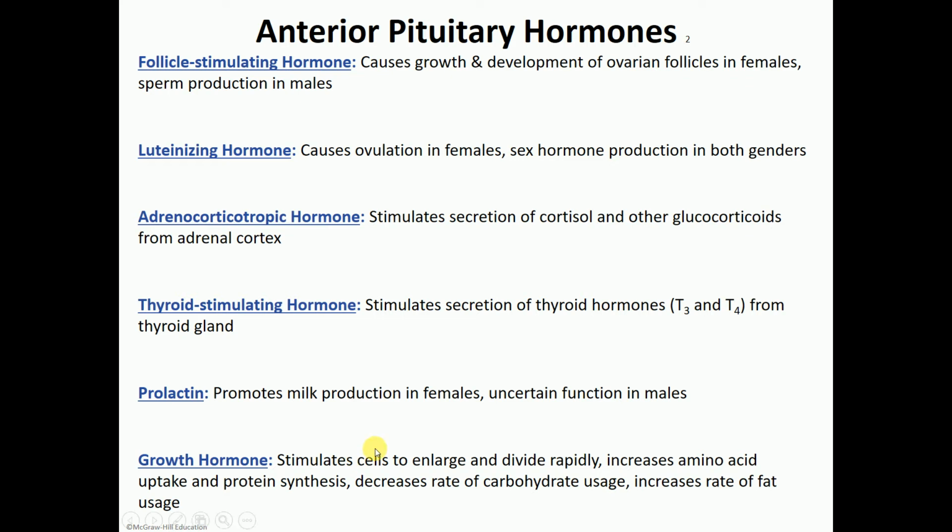Growth hormone, like I said, stimulates the growth of your target areas, and those are mainly the bones, skeletal muscles, and adipose tissue. So it increases protein synthesis, it decreases the rate of carb usage, and it increases the rate of fat usage.